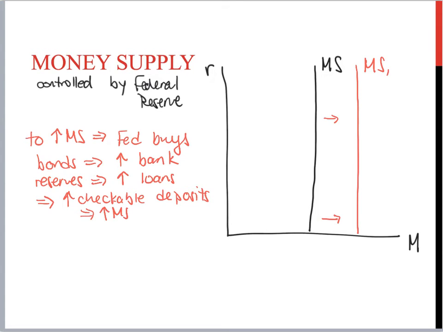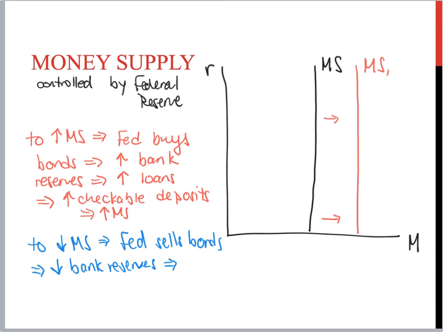Now, if instead the Federal Reserve wanted to decrease the money supply, in this case, the Fed is going to sell bonds, which means that it's going to give bonds back to the banks and in return take money out of the banks' reserves. And as the banks' reserves fall, they're going to have to decrease the loans they're making and call in existing loans.